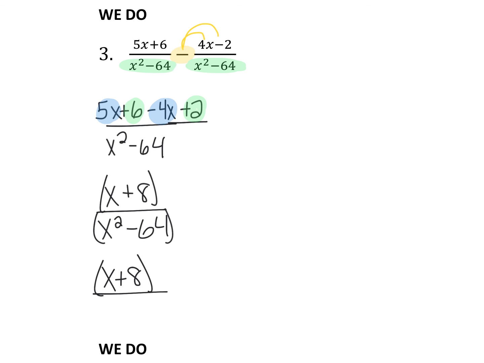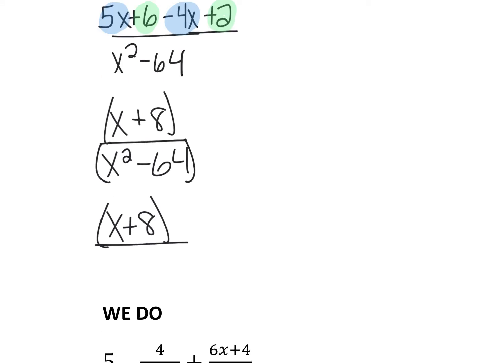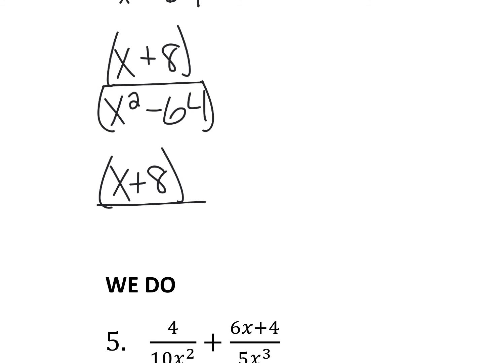Okay. In my denominator, I have x squared minus 64. Well, it doesn't have a greatest common factor, but it is a difference of two squares. So I know I can rewrite my pairs of parentheses. I can take the square root of x squared, which is x. I can take the square root of 64, which is 8.